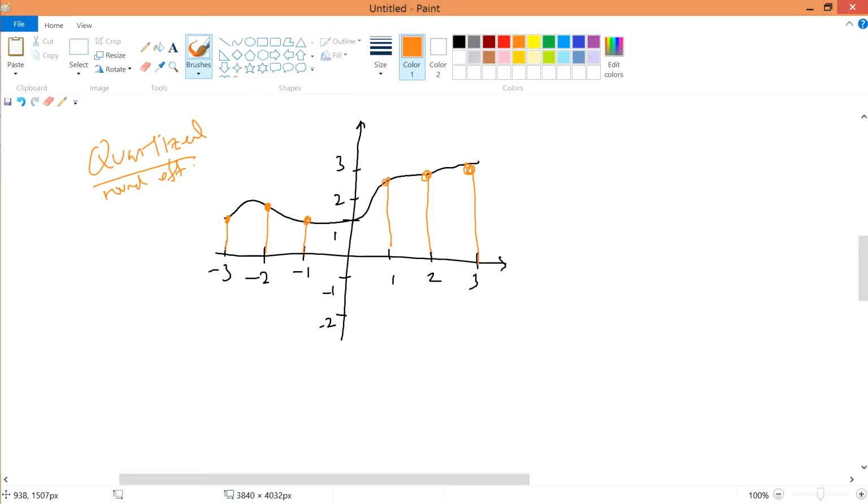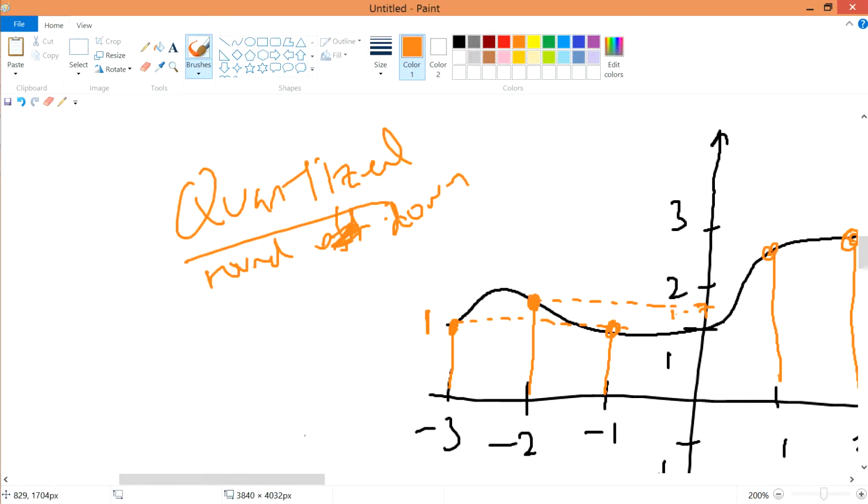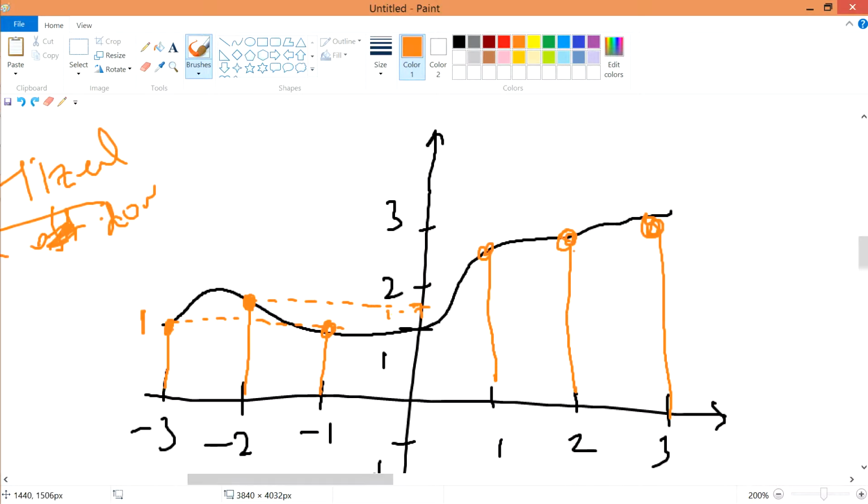Round off means that, if you take a look, this signal is somewhat 1. This signal is perhaps 1.7. Or maybe I will say that this is round down. If it's 1.7 over here, if I zoom in over here, at this point it is about 1.5.